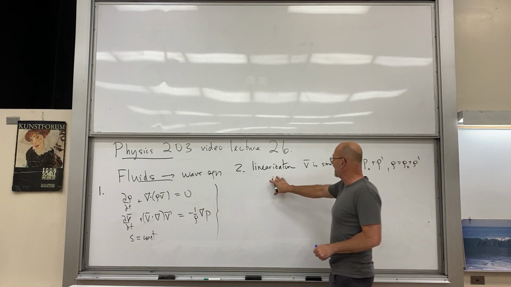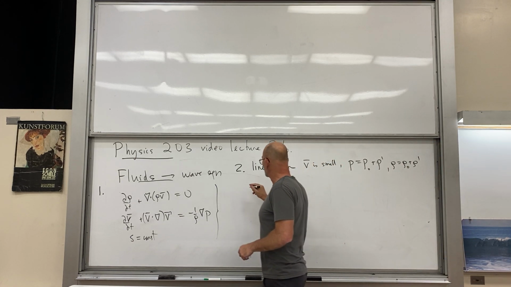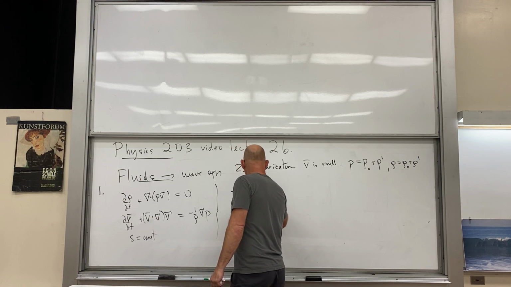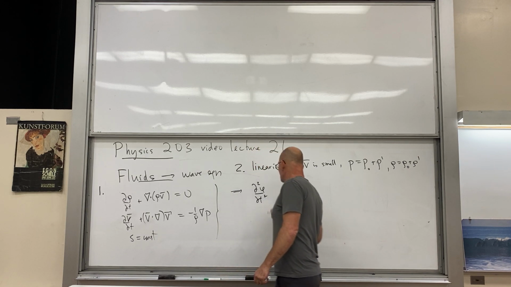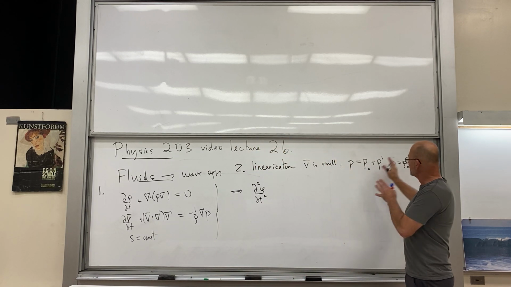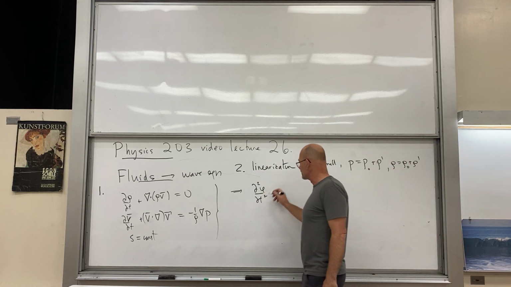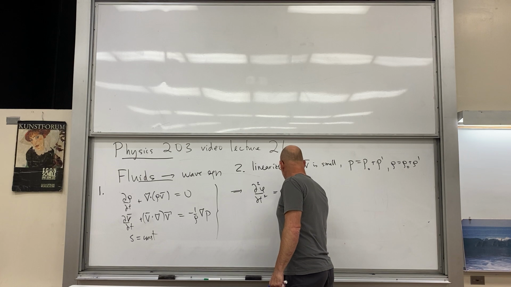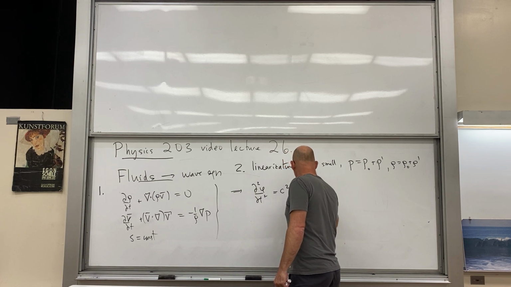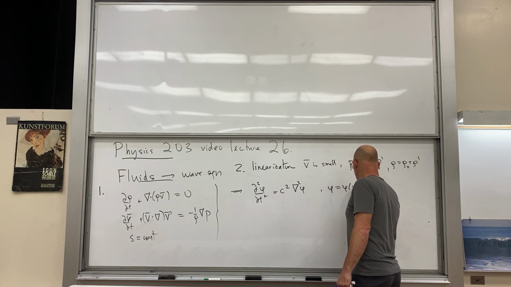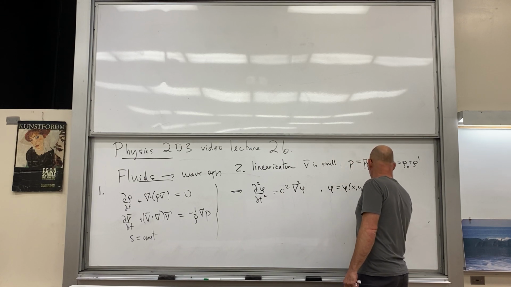And what we then obtain is the wave equation. We get the wave equation, first of all, for the velocity, the pressure, and the density, but then we get it for the velocity potential. So that's what I'm going to write down: d squared phi dt squared equals c squared del squared phi, where phi equals phi of x, y, z, and t.